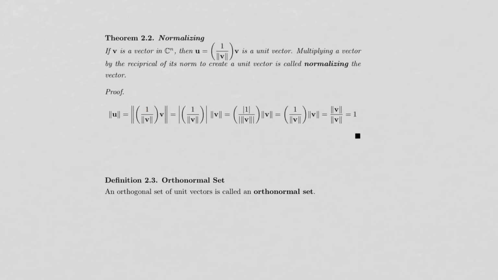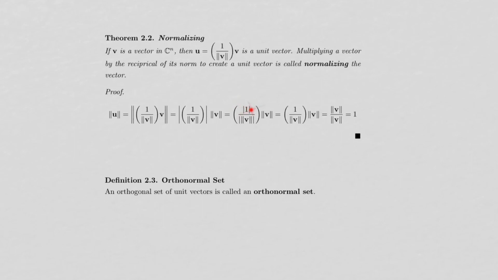Notice that 1 over the norm of v is going to be a complex number, so we could think of this as alpha. And we saw before that the norm of alpha times v is the modulus of alpha times the norm of v. Well, the modulus of a ratio is the ratio of the moduli, which is plural for modulus. So we have the modulus of 1. Well, remember, if a number is real, the modulus is the same as the absolute value.